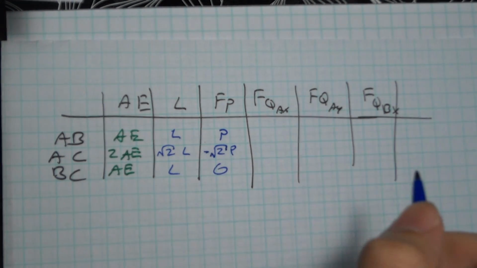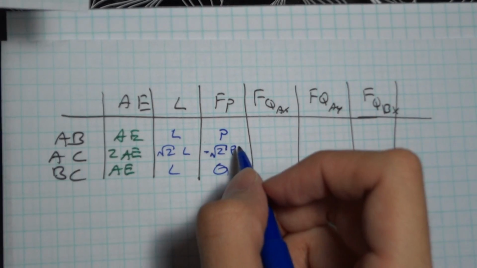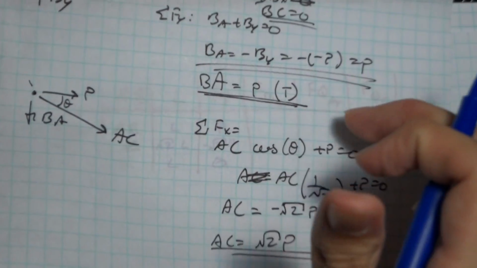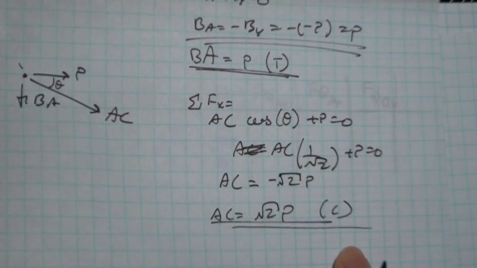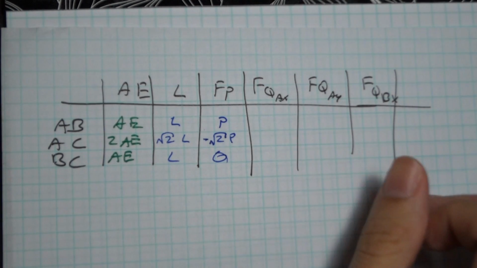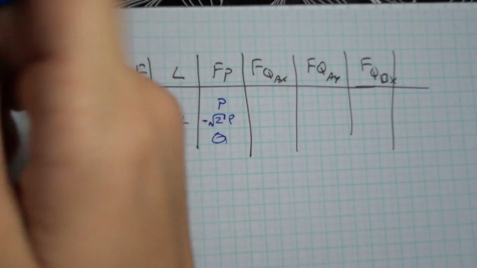I said that I wanted to get rid of the signs, but that was just for notation purposes here. The only thing that matters to me is whether it's in tension or compression. Over here I need to include the signs because I'm going to be using this as multiplication later on, so I can't just use words in math. You can use letters in math, that's fine. You just can't use words.